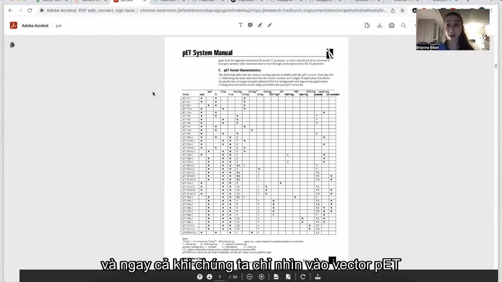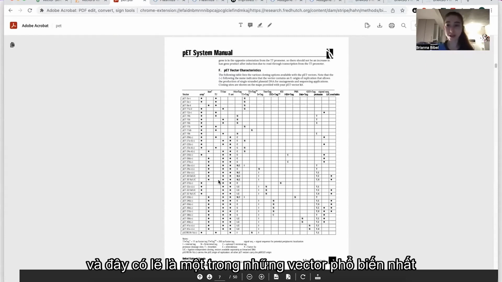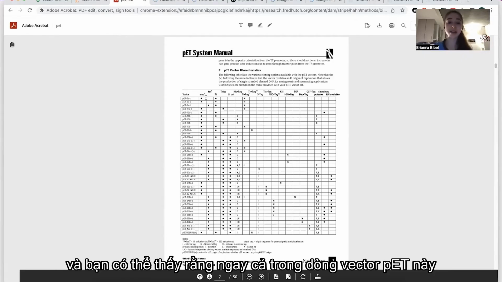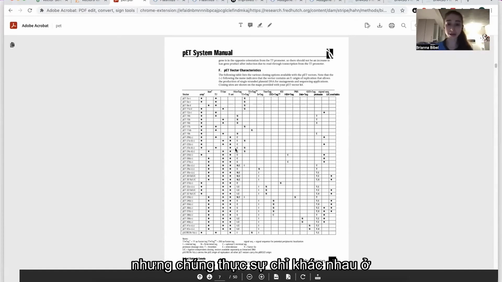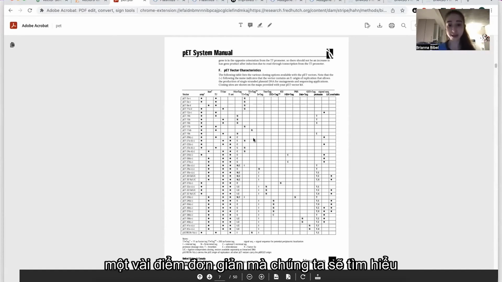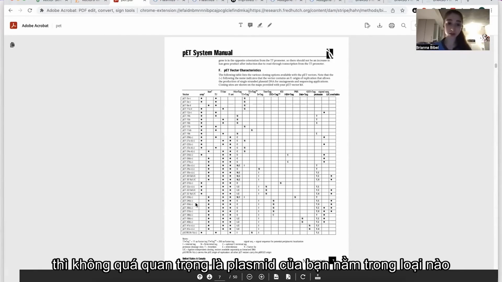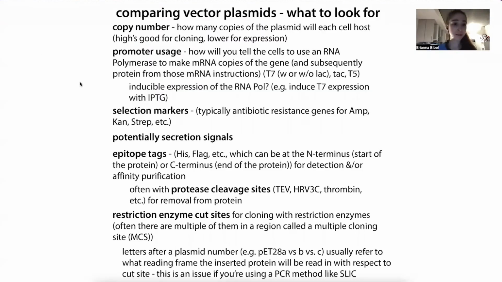Even if we just look at pET vectors, which is the system of expression from the T7 promoter, and this is probably one of the most commonly used expression vectors for bacterial expression, you can see that even within this pET series there are all these different things, but these really just differ in some really simple things that we're going to get into. And a lot of times, especially if you're using a PCR-based method, it doesn't really matter which of these your plasmid is in.